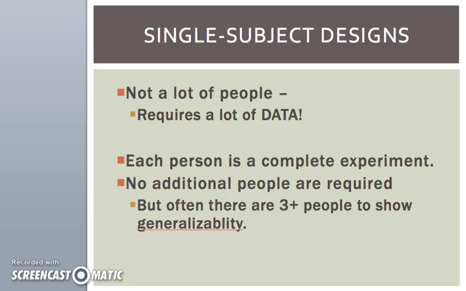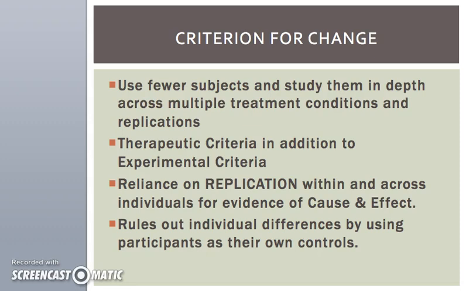However, the use of 3 to 5 or 6 people are often employed to demonstrate generalizability. In order to demonstrate change, the criterion for change is based on replication. Single subject designs use fewer subjects, and they study them in depth across multiple treatment conditions and, importantly, across replications.